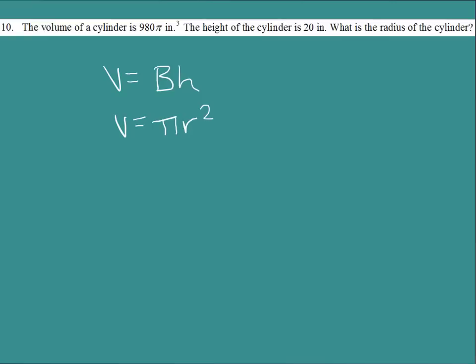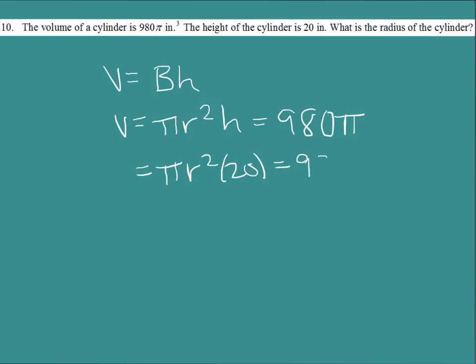All right, so there's my formula, but they told me that that's equal to 980 pi. They also told me that the height is 20, so let's plug that in. I have pi r squared times 20 equals 980 pi. Now I need to solve for radius. This is my goal, get the radius by itself. So in order to do that, I'm going to have to divide by this 20 and this pi so that they cancel.